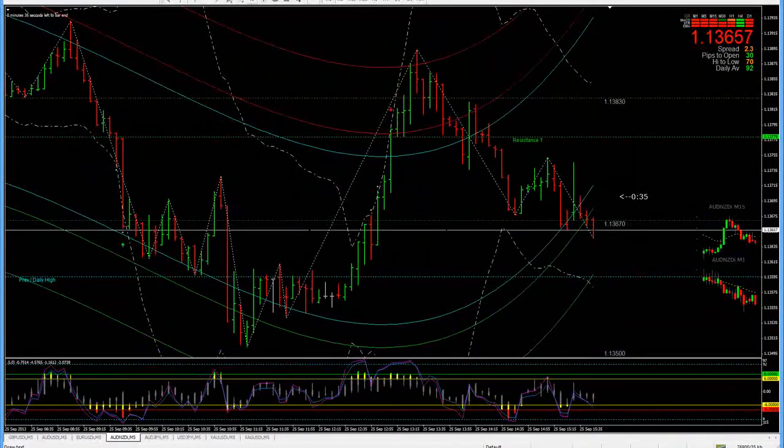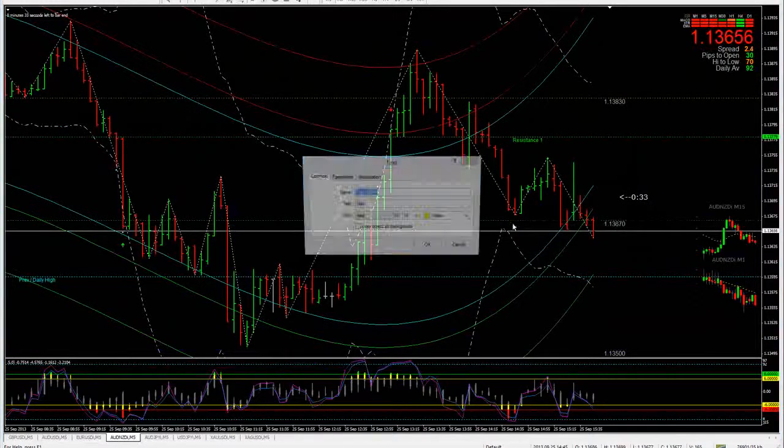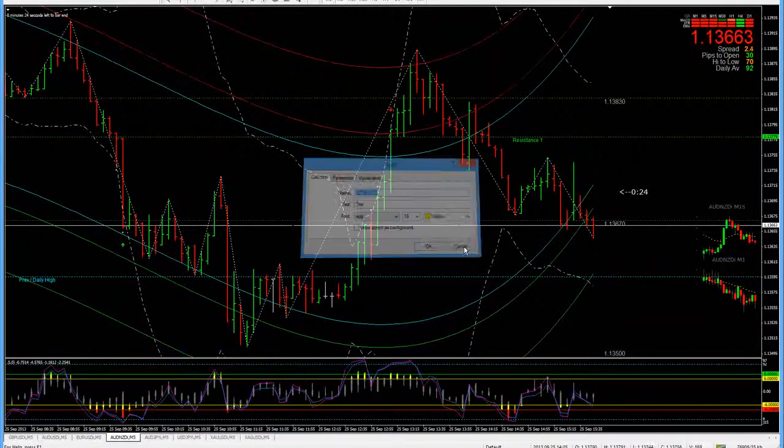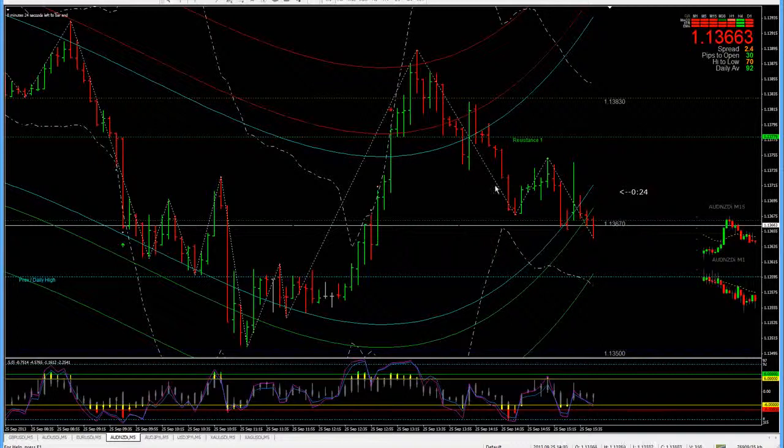This would be a one-sided. We got, actually it's not a one-sided, but if we look right here, price goes A, B, C, D. So we still have a good one there.